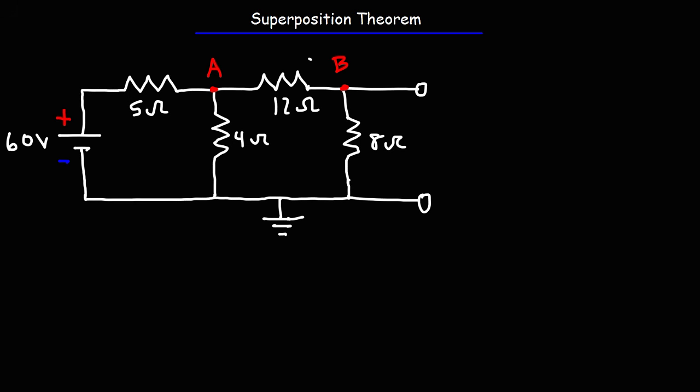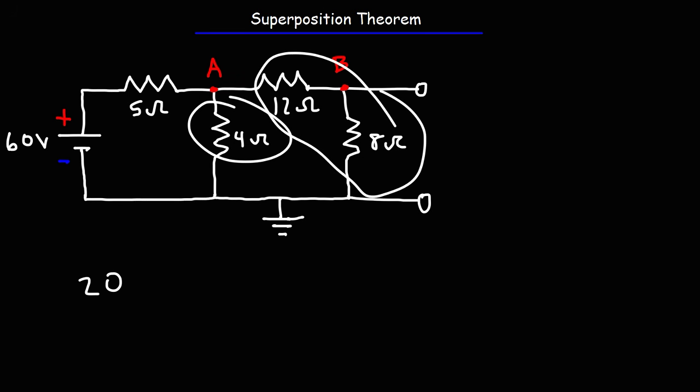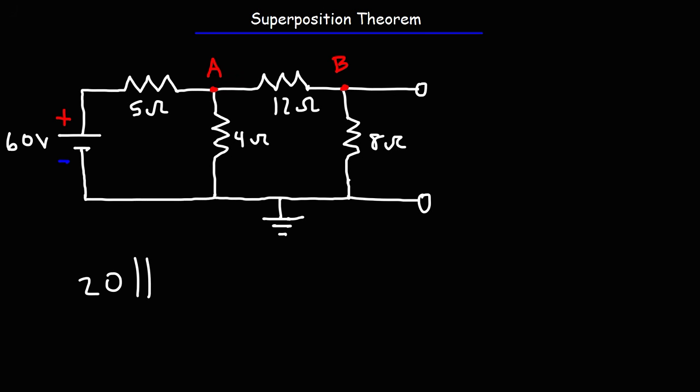So notice that these two resistors are in series with each other. So that's 12 plus 8, that's 20. Now the 20 ohm resistor, that is these two, they're parallel to the 4 ohm resistor. To calculate the equivalent resistance of those two resistors, it's 1 over 20 plus 1 over 4, raised to the minus 1.